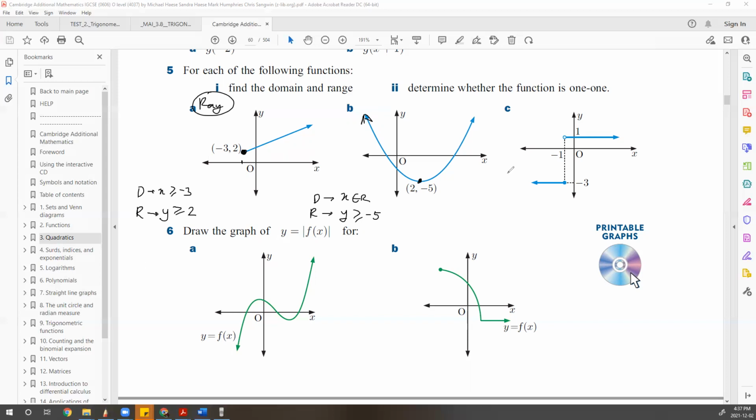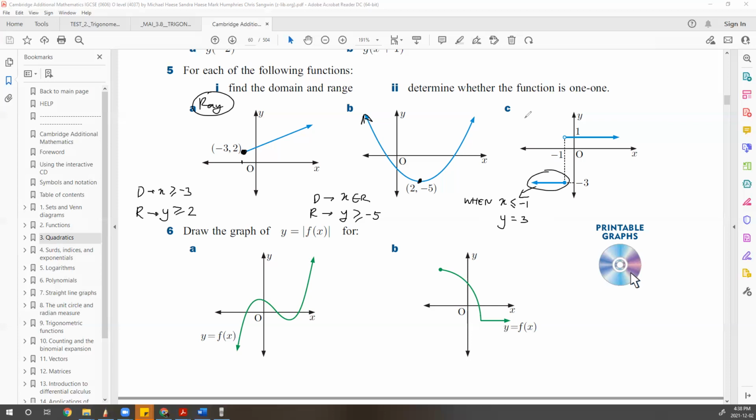Now, in this case, we have two parts. When x is less than or equal to -1, the y or the range is equal to -3, right? This is the first condition.